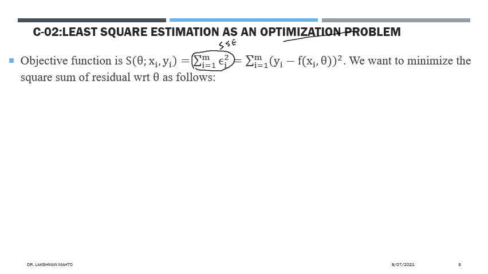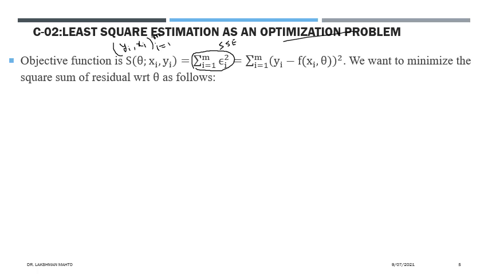And here remember that the response variable y and the feature variable x together form the data set. We take sample size varying from 1 to m.